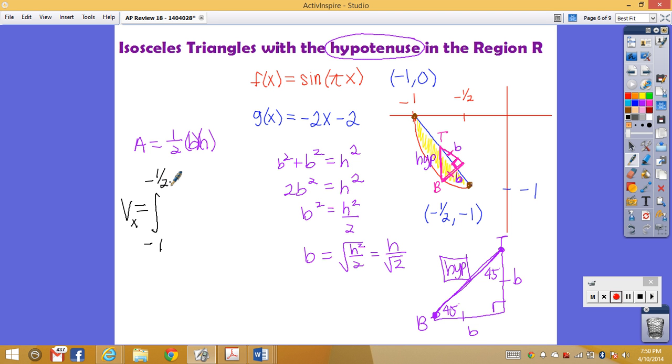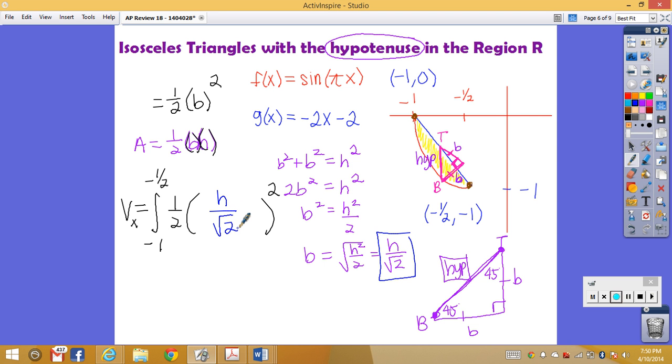The area of the isosceles right triangle would be 1/2 base squared, because base and height are exactly the same. So 1/2 base squared. The base is equal to the hypotenuse divided by root 2.